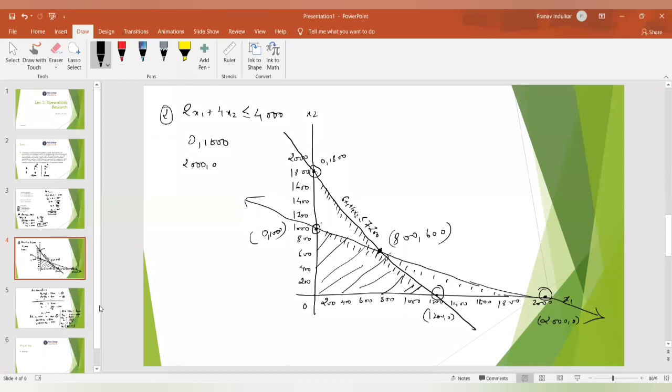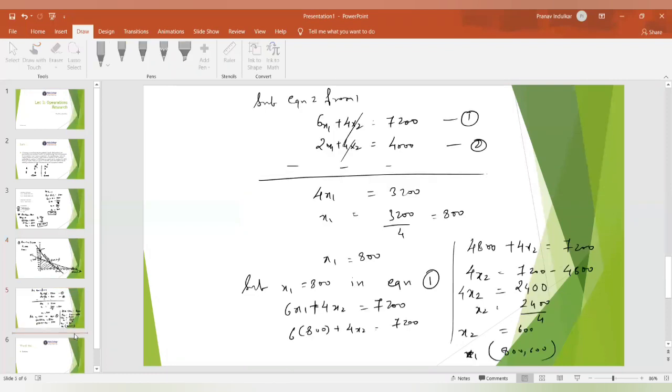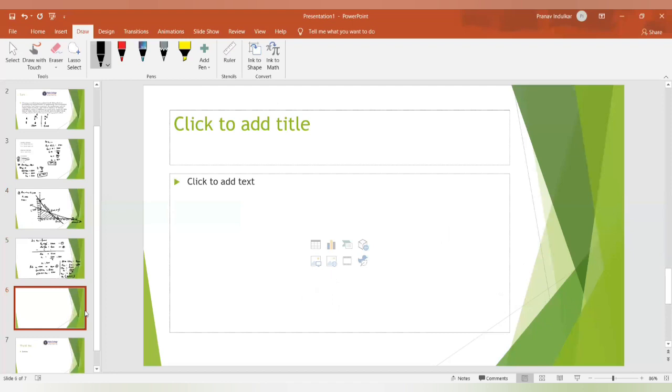Okay, now I'm giving these vertices names. This is A, this is B, this is C. Okay, the last part now. Am I audible to you all?